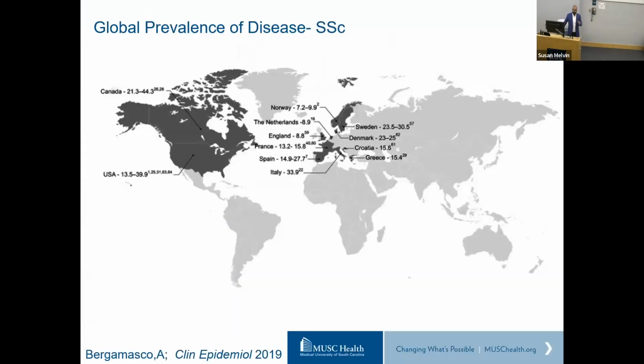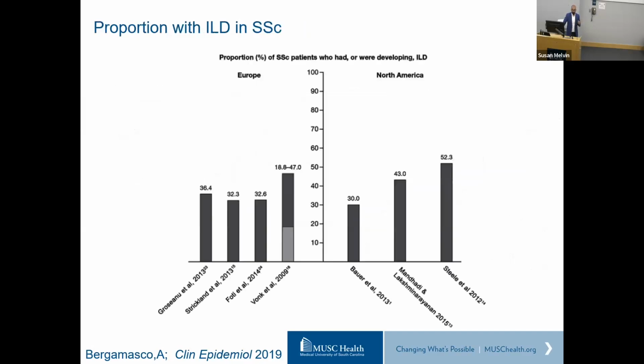This is the global prevalence of systemic sclerosis that we know from a review article in 2019. Again, this is not systemic sclerosis ILD. This is overall systemic sclerosis, and this is incidence per 100,000 individuals. In the US, you can see it's around 13.5 to 39.9, but accurate estimates are always challenging with rare diseases, as you all know.